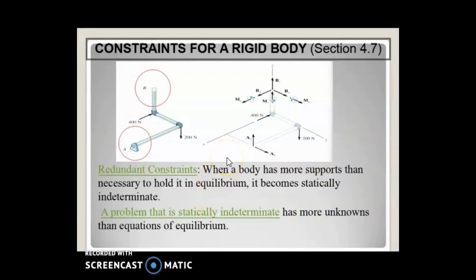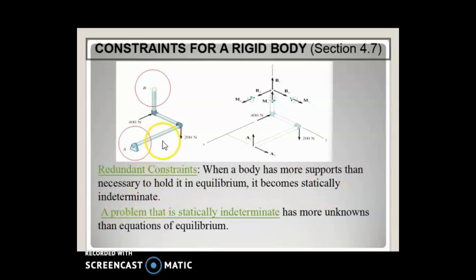Okay, next is constraints for a rigid body. For 3D cases, we will have a few constraints that we need to consider in our analysis. The first one is redundant constraint. When a body has more supports than necessary to hold it in equilibrium, it becomes statically indeterminate.